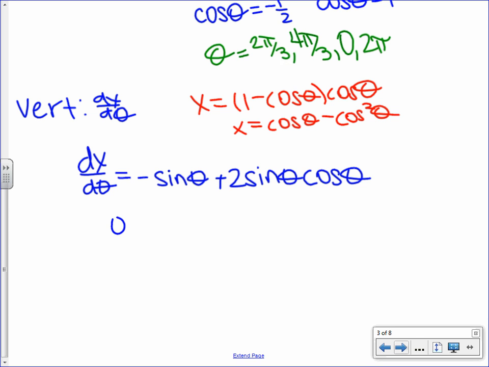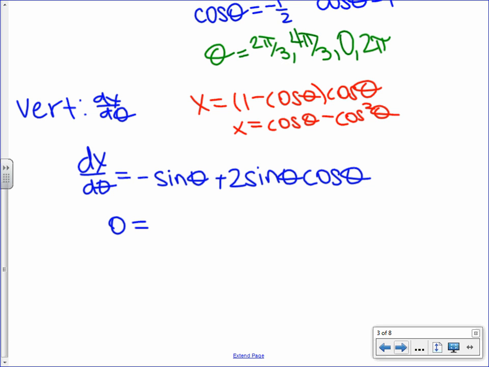So if we want to set this equal to 0, factor out the sine, since both of them have sine. Please keep in mind, because some of you will be tempted to move the negative sign over and divide by sine, so then, oh, cosine theta is 1. Don't do that. We can't divide by functions because they could be 0, and we can't divide by 0.